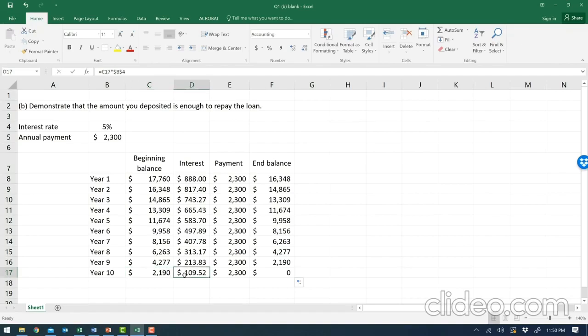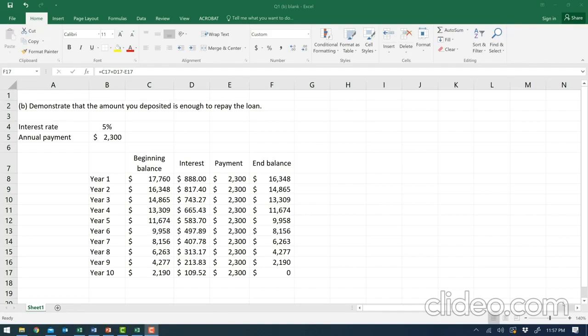During this year, we're earning 5% interest on this beginning balance, which is exactly enough to pay $2,300 at the end of this year, which leaves us with the balance of exactly 0. We just demonstrated that depositing $17,760 now into a bank account that pays an annual interest rate of 5% is enough to repay this loan.